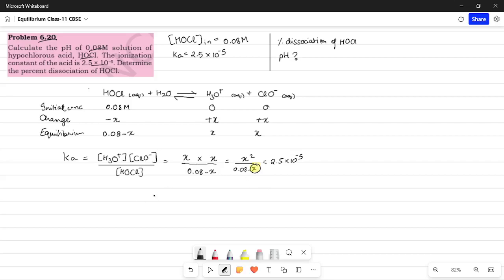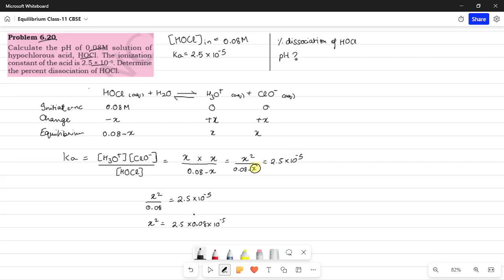So you'll be left with X square divided by 0.08 is equal to 2.5 into 10 to the power minus 5. Let's simplify this. X square is equal to 2.5 into 0.08 into 10 to the power minus 5.